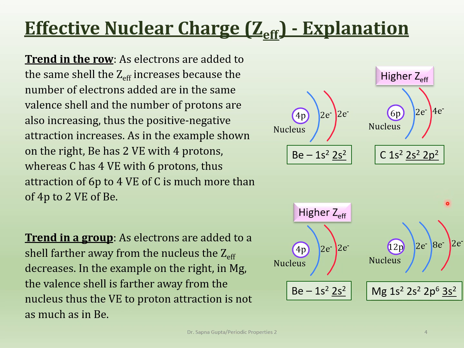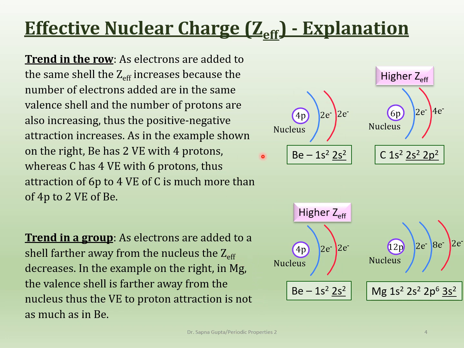So that's kind of how it works. Which means that the valence shell is getting farther and farther away from the nucleus. So the attraction between the protons and the electrons gets less and less. And so therefore the higher effective nuclear charge is on the top, and as you go down, the effective nuclear charge decreases.